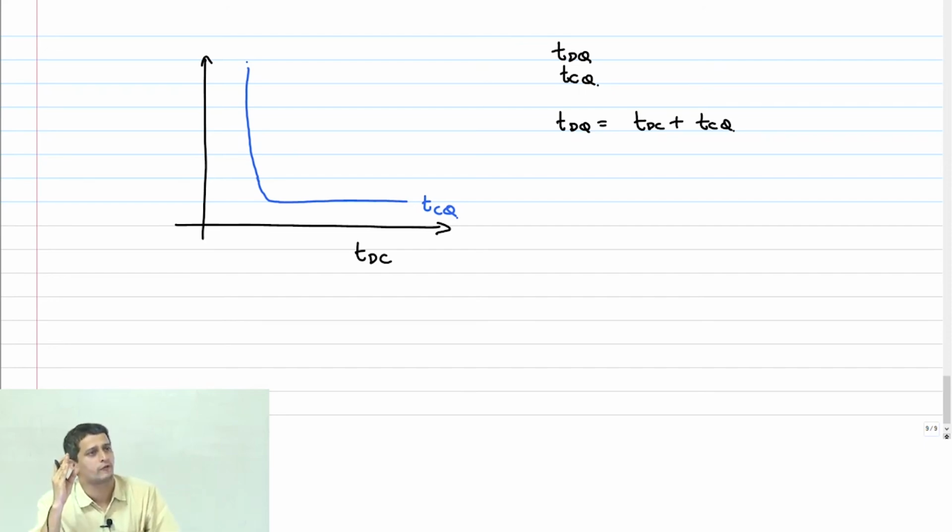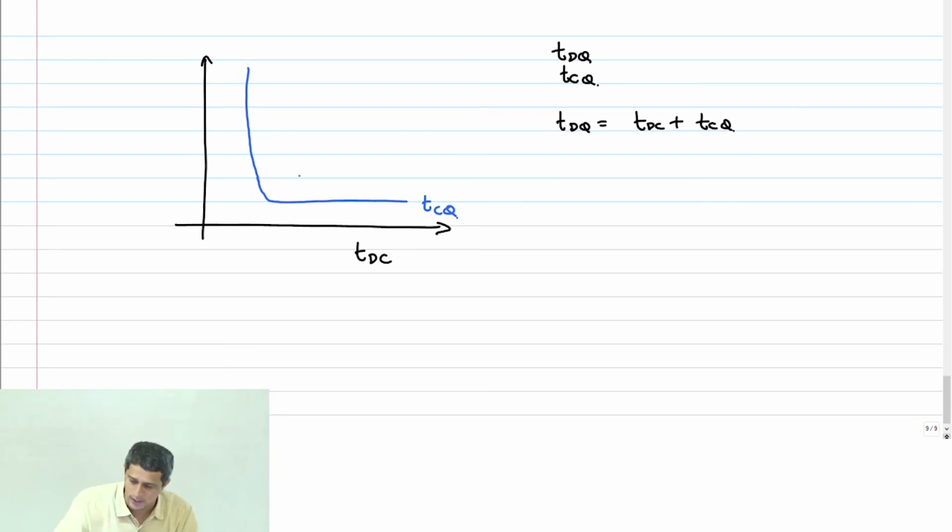How will the plot of TDQ look now versus TDC? For large values of TDC, what is the equation like? It's a straight line because it's TDC plus TCQ, and TCQ is a fixed number now, right?